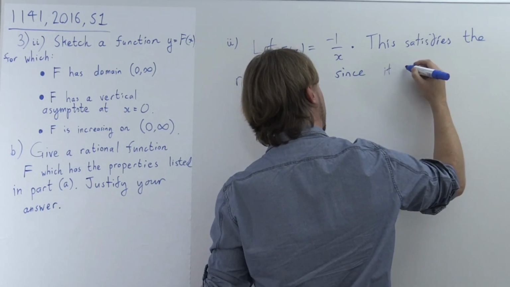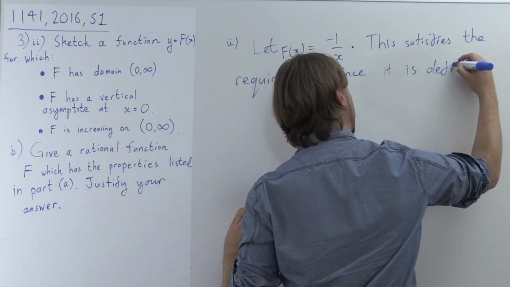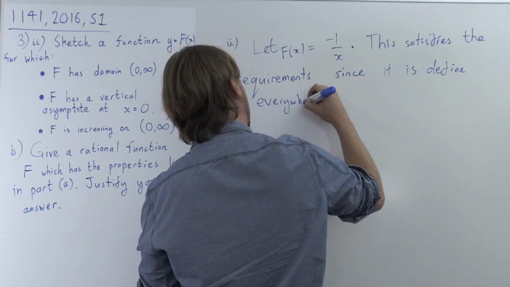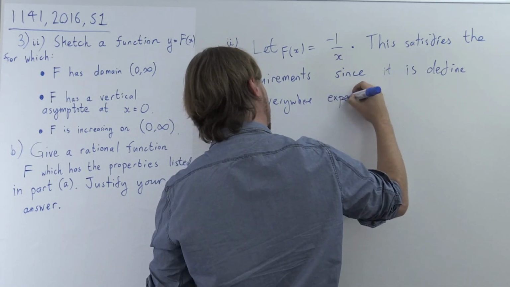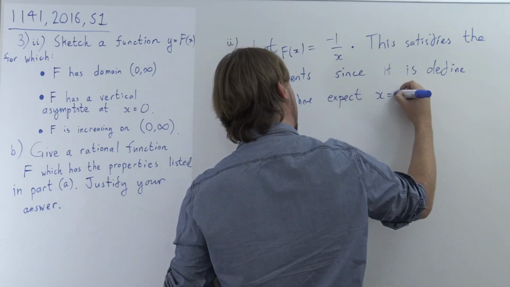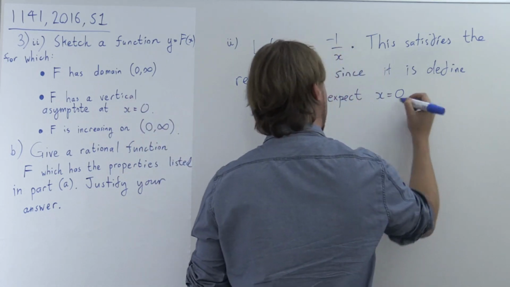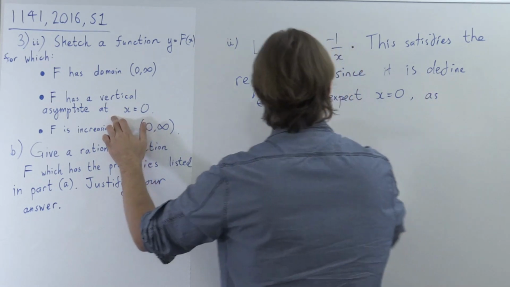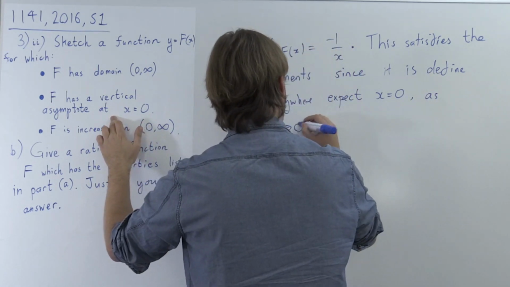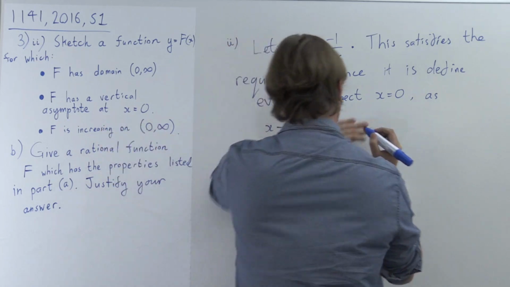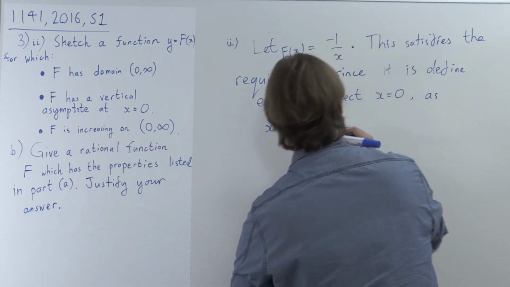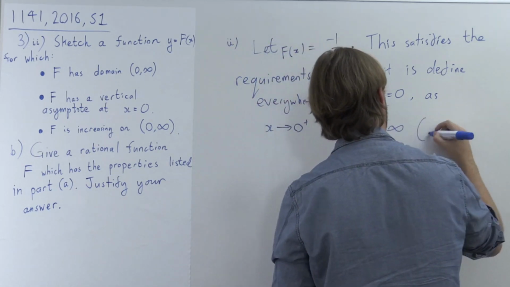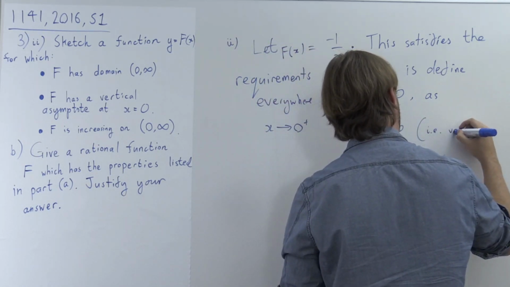It is defined everywhere except x equals 0. That means it is defined over 0 to infinity. As x tends to 0 from above, minus one over x tends to minus infinity, i.e. a vertical asymptote at 0.